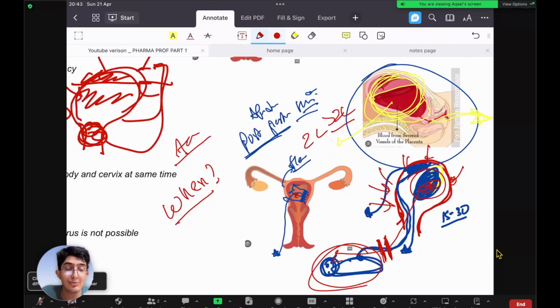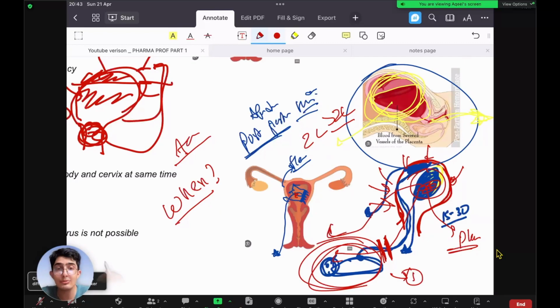But this is not what we want, because after the baby is born, we still have to wait for the expulsion of the placenta, right? But you did not wait for the placenta to be expelled. Right after the birth, you cut the cord and you gave ergometrine.